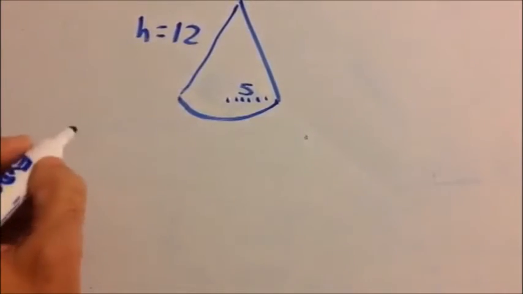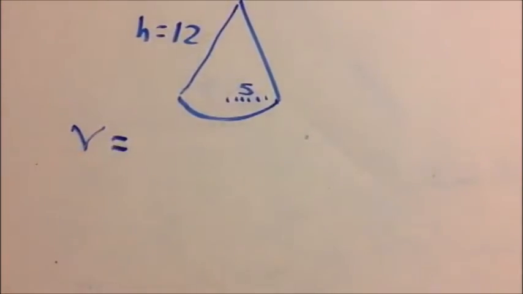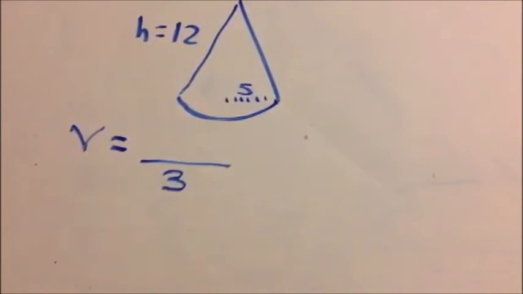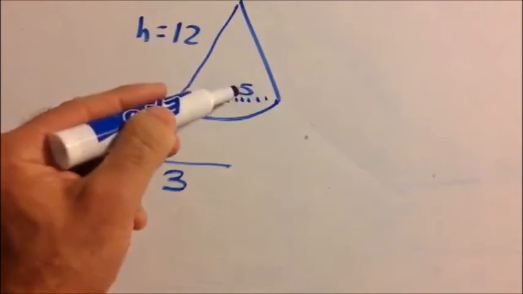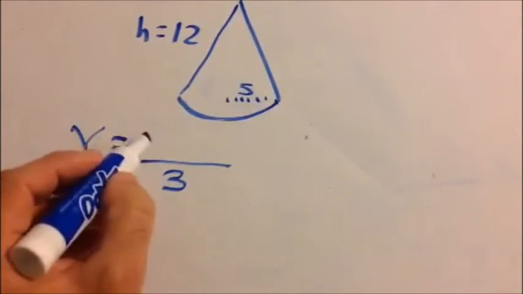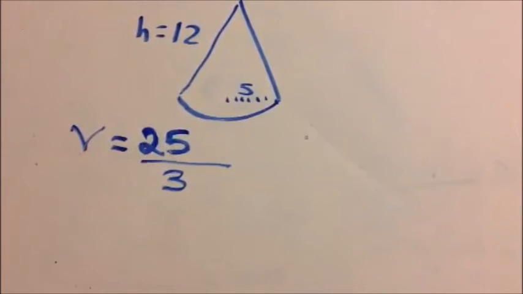So again, we're looking for the volume, and we said it's 1/3 pi r squared h. So we can put this all over 3. And we have pi, and we have the radius, which is 5. So we can say 5 squared is 25. So there's our 25.